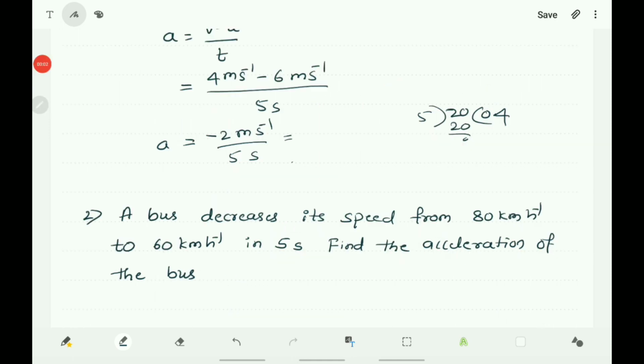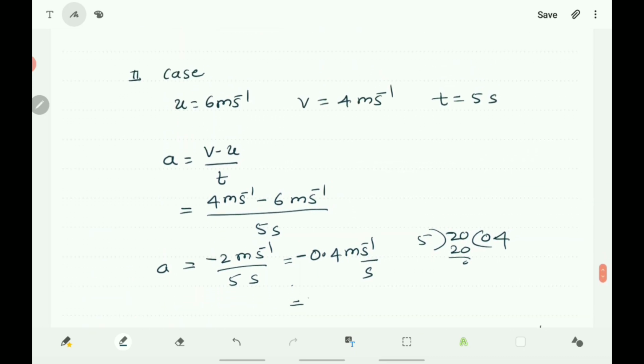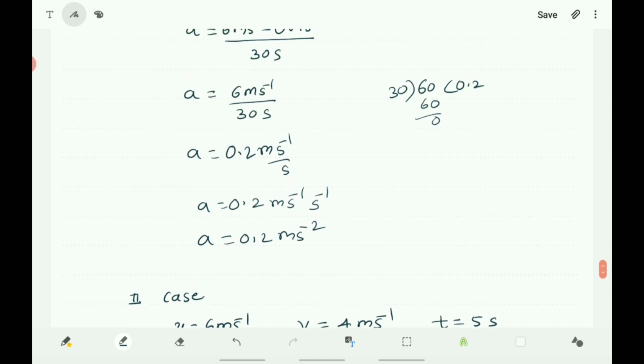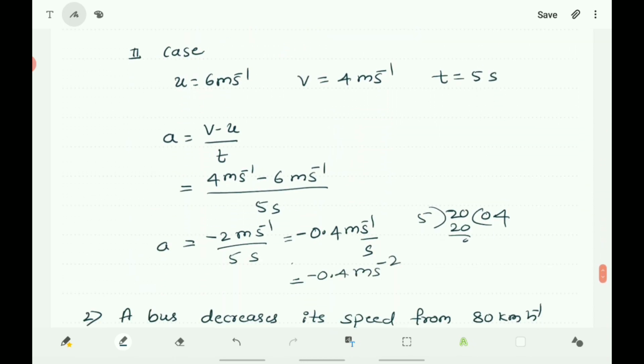So you will get a equals minus 0.4 m s to the power of minus 2. Here that is retardation, negative acceleration. In the first case it is positive acceleration because the velocity increases, and in the second case the velocity decreases.